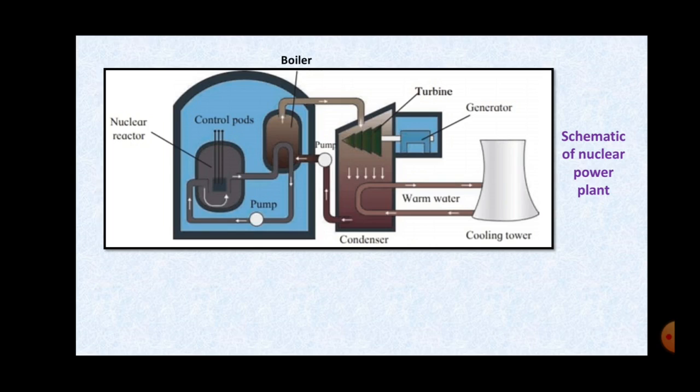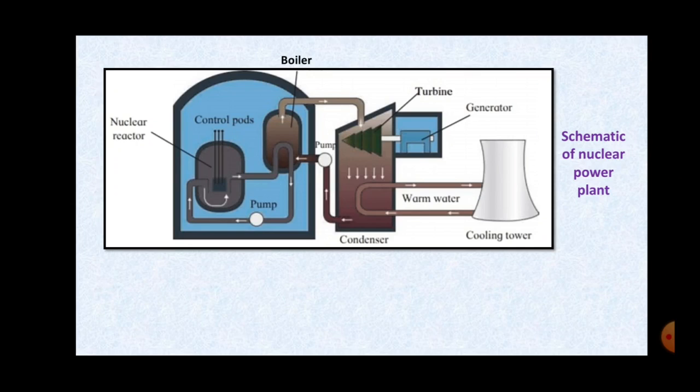In the earlier one, we had seen that because coal was used as a fuel, it gives rise to air pollution by giving out harmful gases. But here, the conventional fuel is not used. Coal is not used, so air pollution also does not take place.